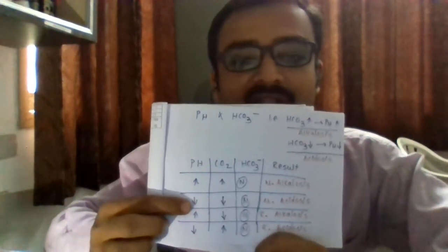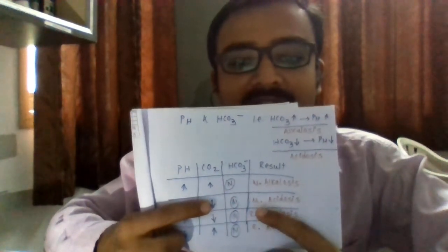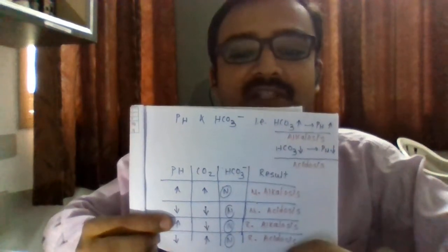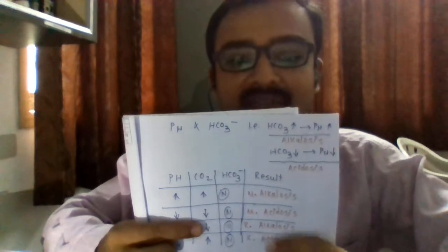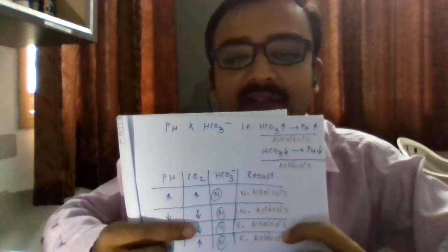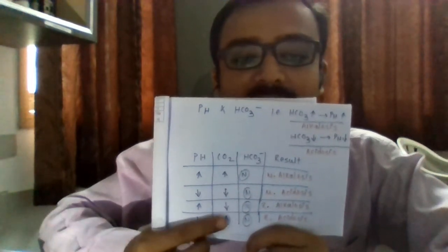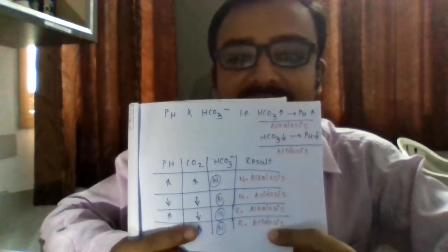Second, pH decreased, carbon dioxide levels decreased, it will be metabolic acidosis. If pH increased but CO2 levels decreased, it will be respiratory alkalosis. If pH decreased, CO2 levels increased, it will be respiratory acidosis.